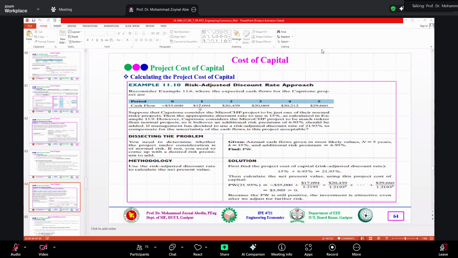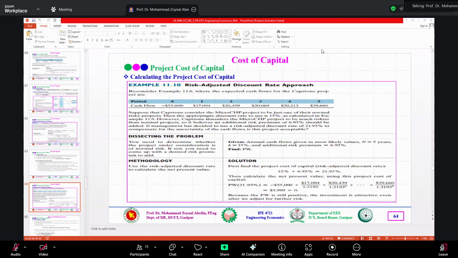In the first year, the cash flow is positive 17,094. In the second year, it increases. Third year increases. Fourth year increases. Fifth year also increases. This is the cash flow analysis for every year. Okay, total 5 years. Starting at year 0, then first year, second year, third year, fourth year, and fifth year.